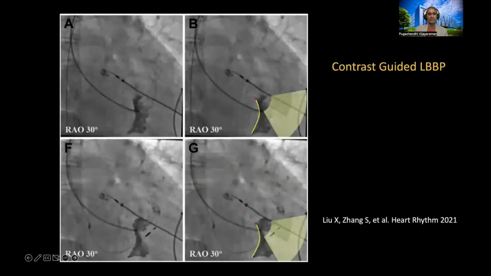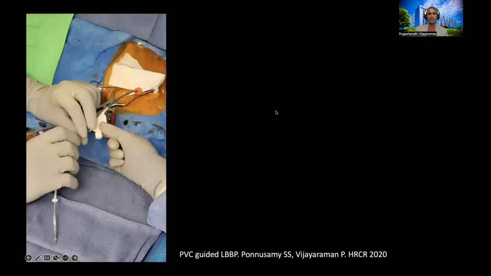Or you can use a similar approach but using a tricuspid valve ventriculogram and identifying the putative His bundle region and subsequently targeting the region where you assume the left bundle branch would be.